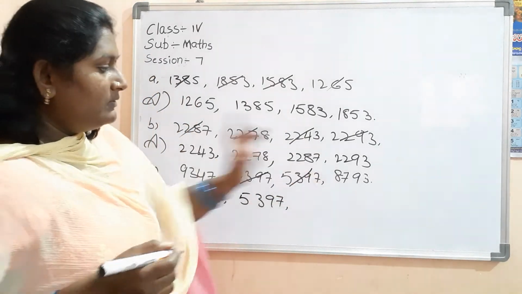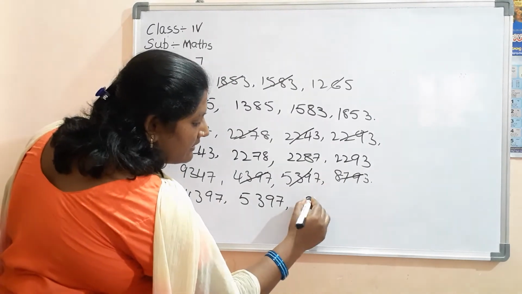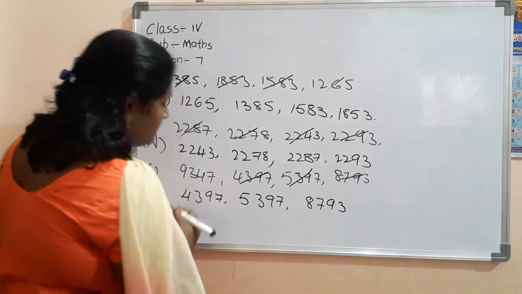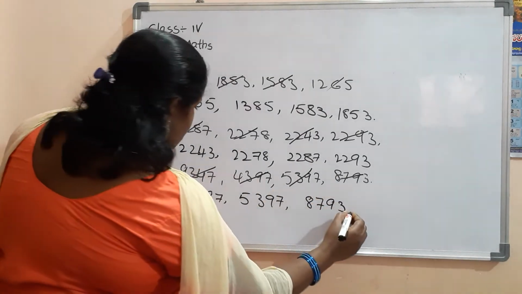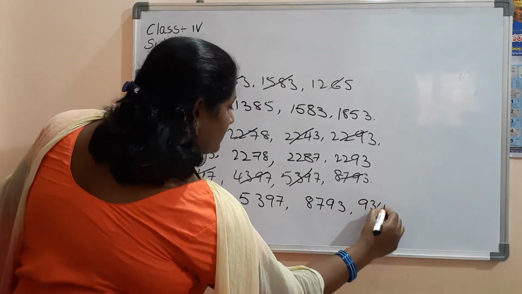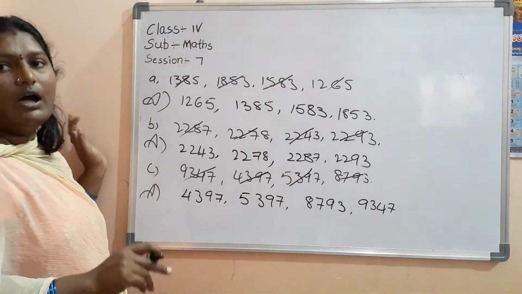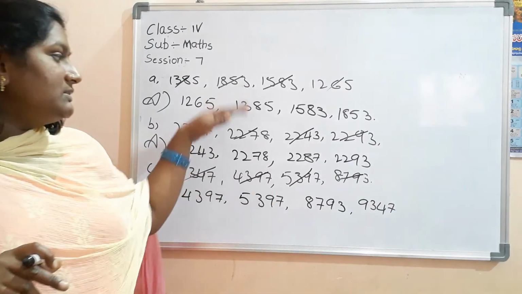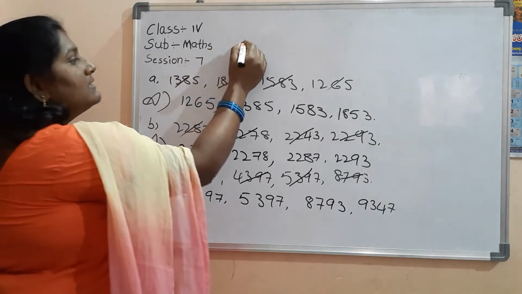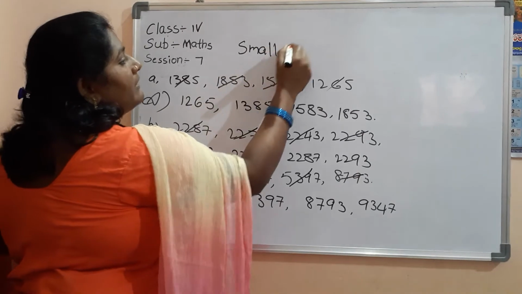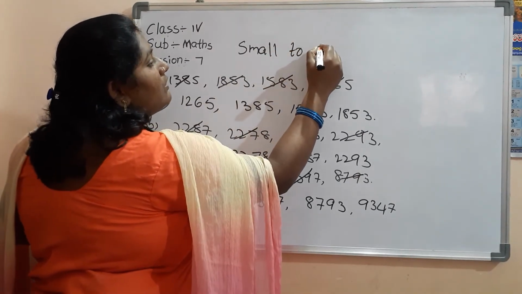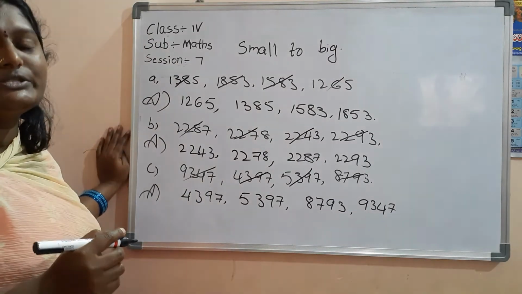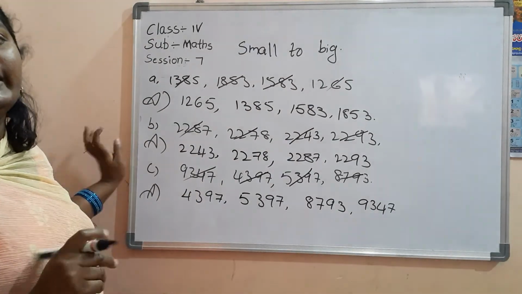The next one, 8793. So the last number is 9347. Are you understood, children? This is how we arrange numbers small to big. Ascending means we want to arrange small numbers to big numbers.